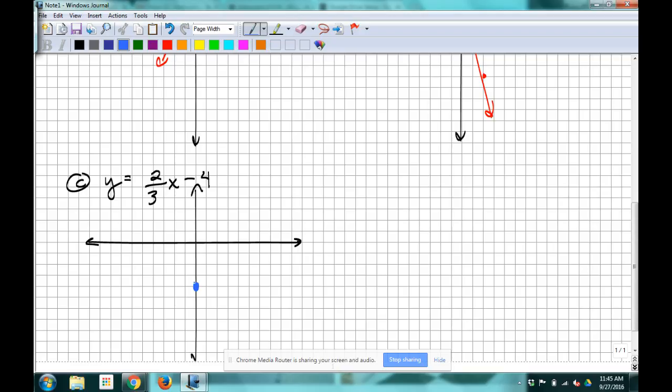And then when we count our slope, what's our slope? Up 2 over 3. Up 2, right 3. We would put a dot right there. I could go up 2 over 3 again if I wanted to. Once is enough, but the more dots you put on there, maybe the more precise your graph is going to look.